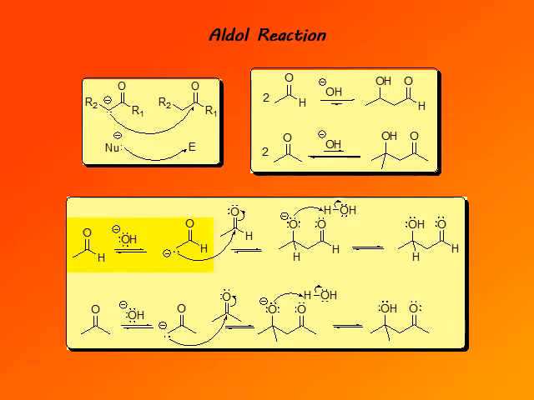Those deprotonated molecules of the aldehyde add to the protonated form, to those that were not deprotonated, to form a new carbon-carbon bond. Of course, according to Le Chatelier's principle, as soon as some of the deprotonated molecules react, they are removed from the equilibrium, and so more of the molecules of aldehyde are deprotonated, and this process keeps continuing until all of the molecules of aldehyde are used up in this reaction.